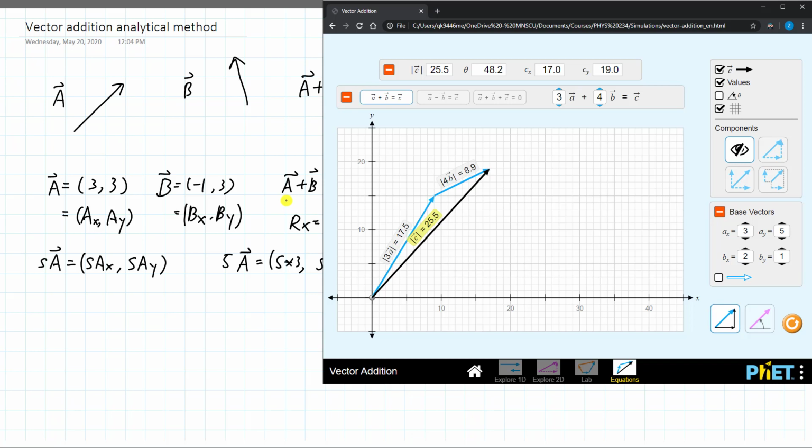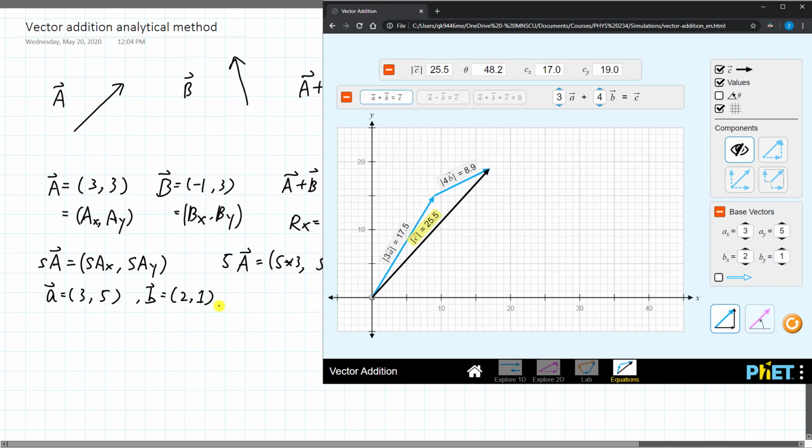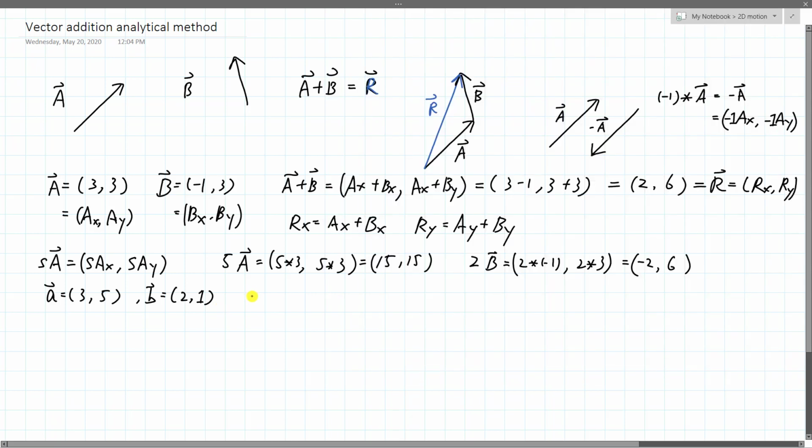So let's calculate this on paper, quote unquote paper. So a is 3, 5, and b is 2, 1. We have some lowercase variables that are just as good as the uppercase variables. Then we're looking for 3a plus 4b. So we're asking what is this resultant? 3a plus 4b equals what?